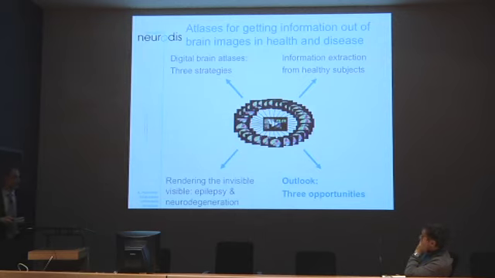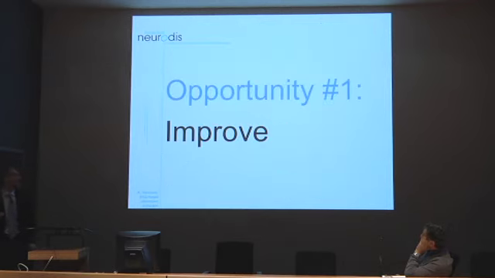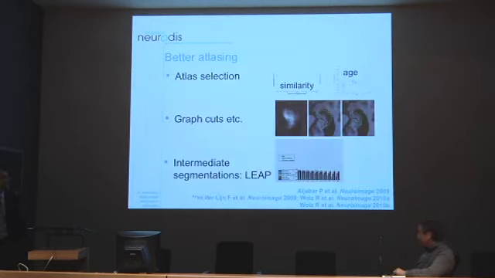Because Henry's already on stage, we're getting to the end with the outlook with 3 opportunities. The first one is of course to further improve the techniques. We've already talked about brain extraction, which is very important, but you can go further by selecting your atlases based on similarity or age. This is a paper in collaboration with Paul Algebra, highly cited.